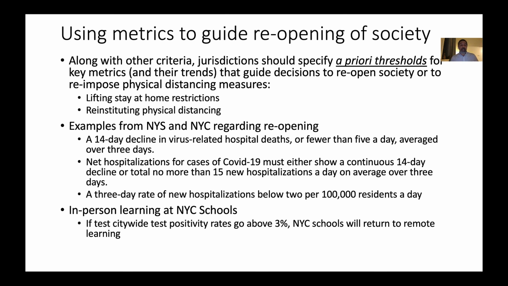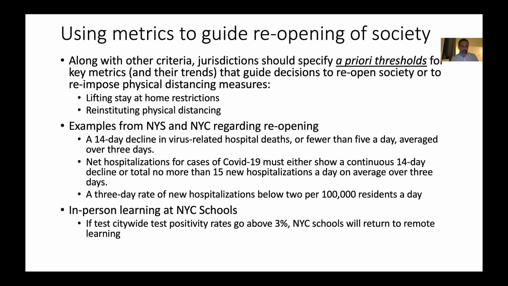So some examples of the metrics that New York State and New York City were using are listed here: a 14-day decline in virus-related hospitalizations or deaths, or fewer than 5 a day averaged over 3 days, would allow certain areas of New York to move forward to different stages of their reopening process.